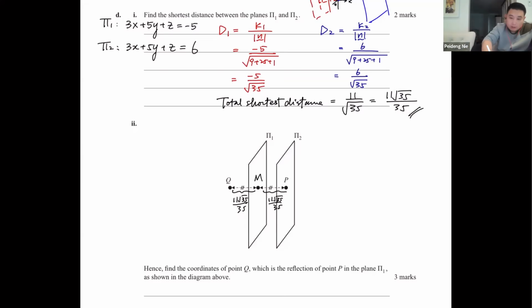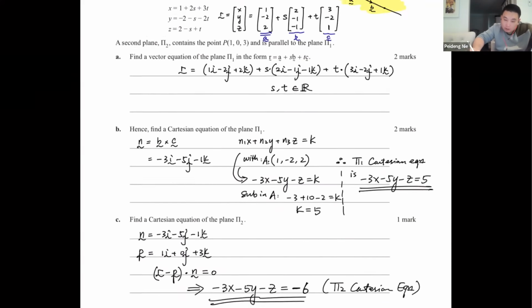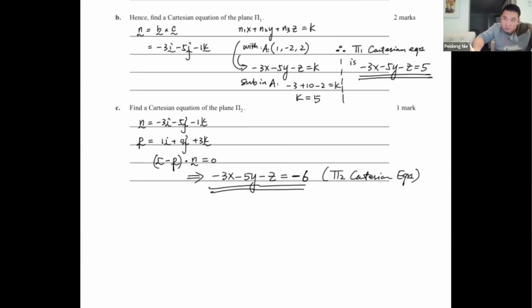So M, let's say, if you just drew a line through Q and P, we know this is a perpendicular line, right? And do we know point P? Yep, we know the coordinates of point P: 1, 0, 3.